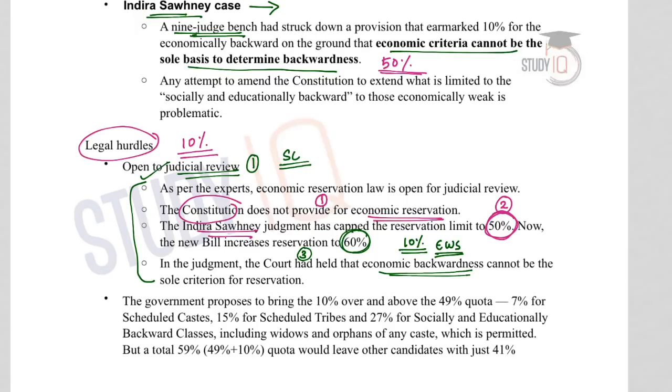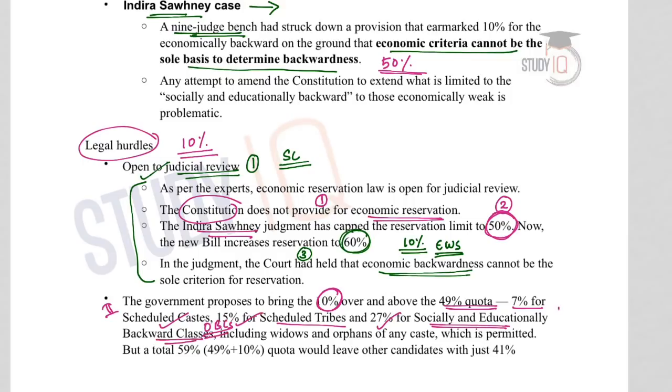while validating the constitutionality of this Amendment Act. And secondly, the government proposes or has passed the bill to bring in a 10% over and above the 49% quota. So what exists is 7% for scheduled castes, 15% for scheduled tribes and 27% for socially and educationally backward classes or the OBCs.